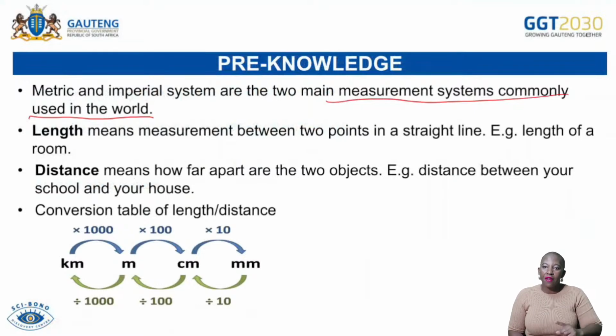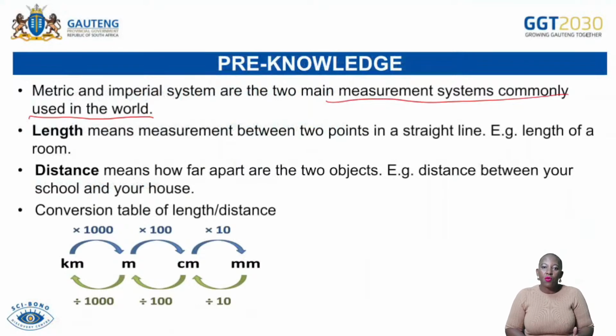When you travel, you walk from your house to your school, and coming back, you walk from the school back to your house, or maybe you walk from the shop to the house, or from your classroom to the office. That is the distance. You don't walk in a straight line.